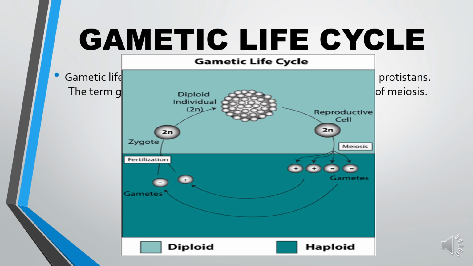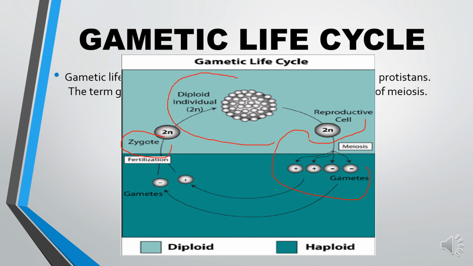During the gametic life cycle, a reproductive cell produces haploid gametes, the sex cells, such as egg cells and sperm cells, that combine to produce a zygote, which grows by cell division and cell differentiation to produce a multicellular, diploid individual.